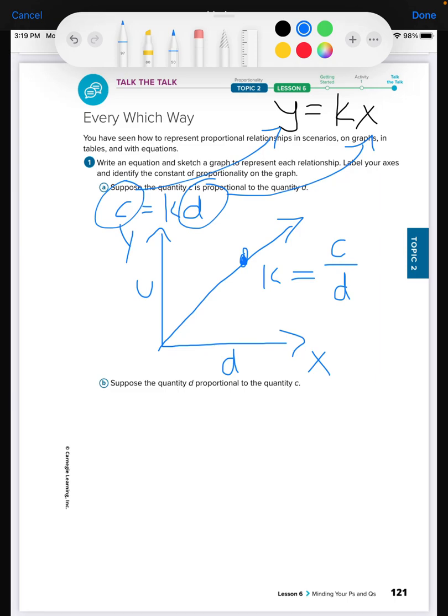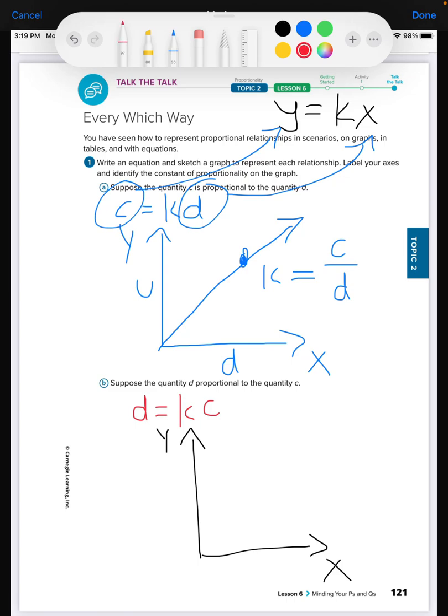All right, so now let's do letter B. So we have, suppose the quantity D is proportional to the quantity C. So D changes based off of C. So now we have D equals K times C. So if we are going to make a graph out of it, here's the x-axis, here's the y.